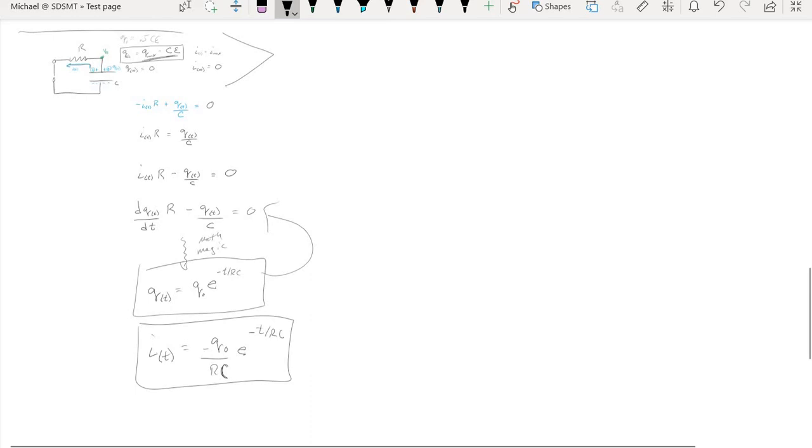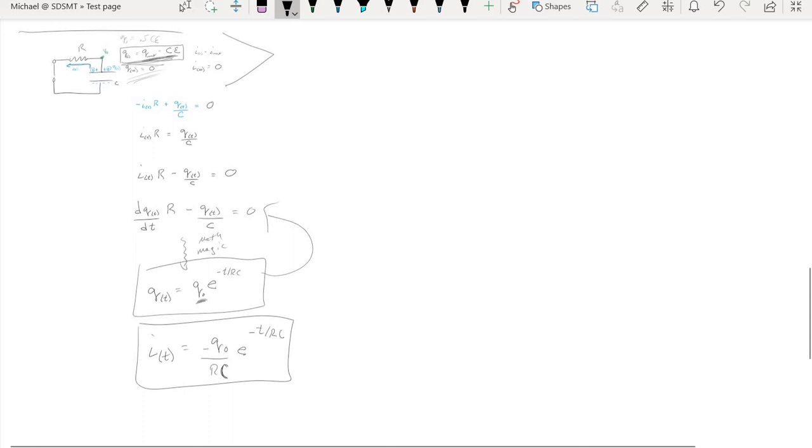But that's what we set up here, was that the initial charge Q naught was going to be the maximum charge from when we flip the switch. But I'll reiterate there that initial charge does not always have to be the maximum.